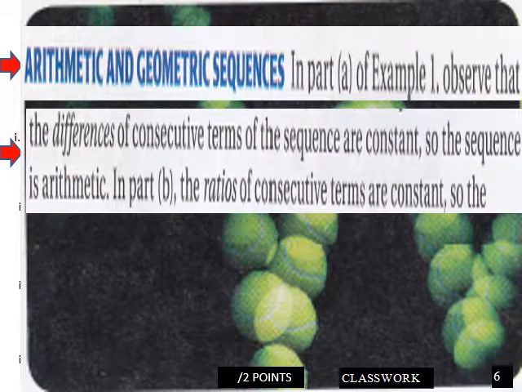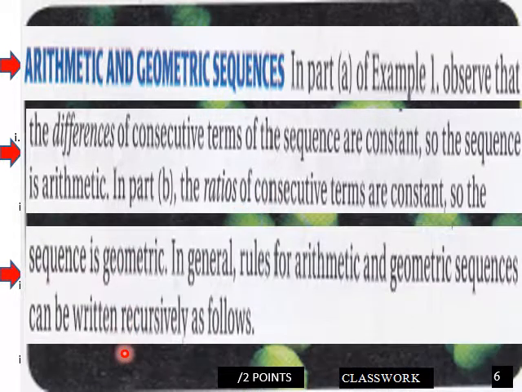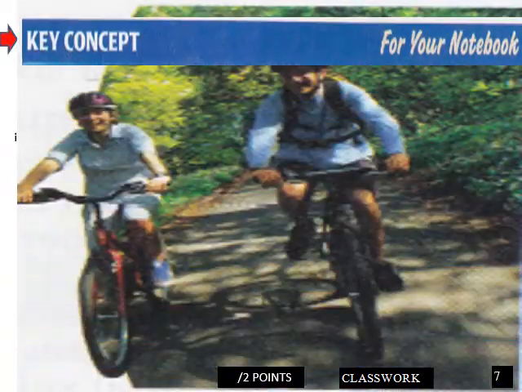Arithmetic and geometric in parts A and B of example 1. In part A, observe that the differences of consecutive terms of the sequence are constant, so the sequence is arithmetic. In part B, the ratios of consecutive terms are constant, so the sequence is geometric. In general, rules for arithmetic and geometric sequences are recursive as follows.